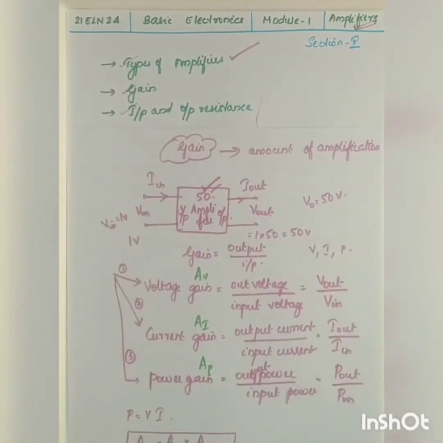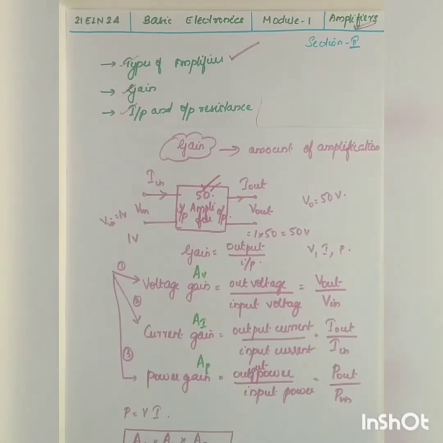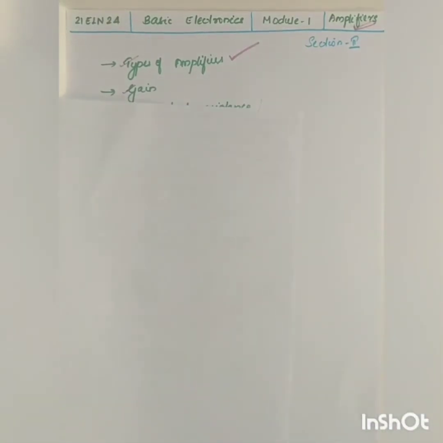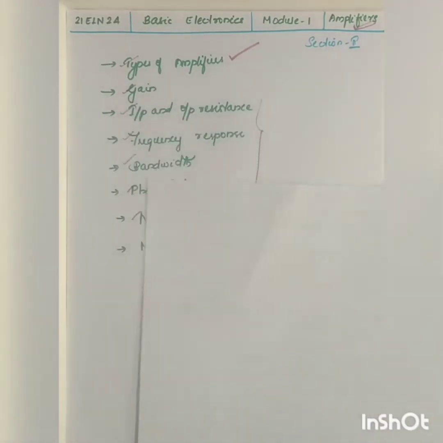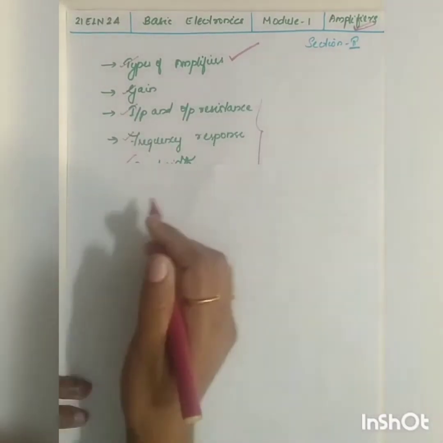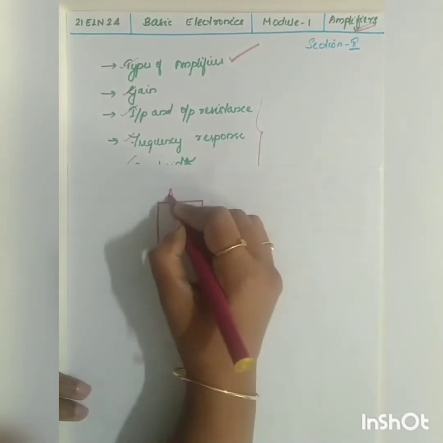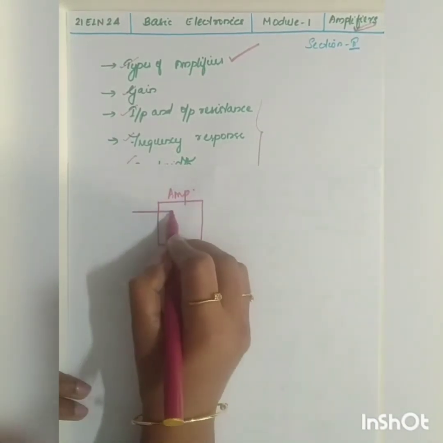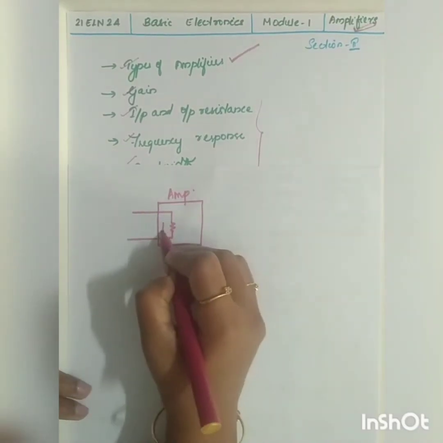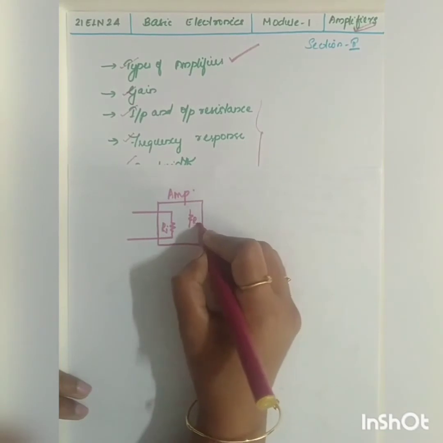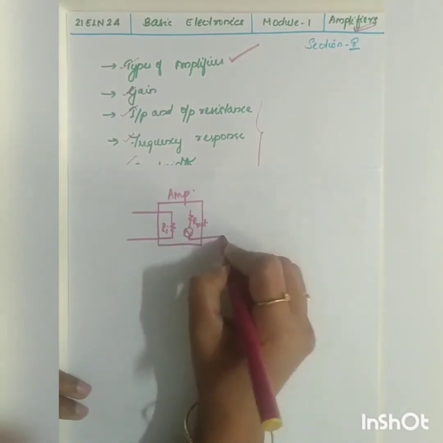Now the third topic is the input and output resistance of an amplifier. What is meant by input and output resistance of an amplifier? For example, if we take an amplifier as a black box, this is your amplifier. This will be your Ri, and here you will get R out, along with a source.